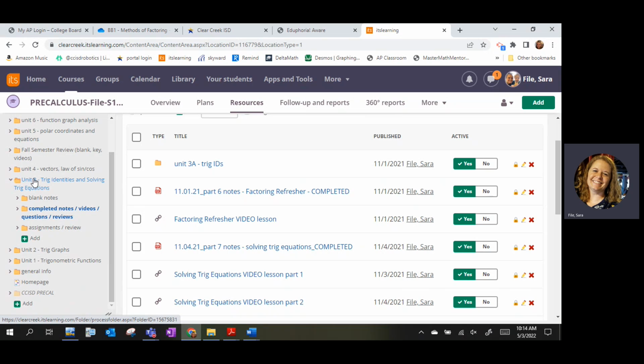Unit 3 is when we reviewed factoring. So if you go back to Unit 3 completed notes, there is the video of the lesson. It says factoring refresher. And there's the PDF of the completed notes we did to review factoring. If you need to go back and look at those notes or watch that video to refresh your factoring skills, you should do that.